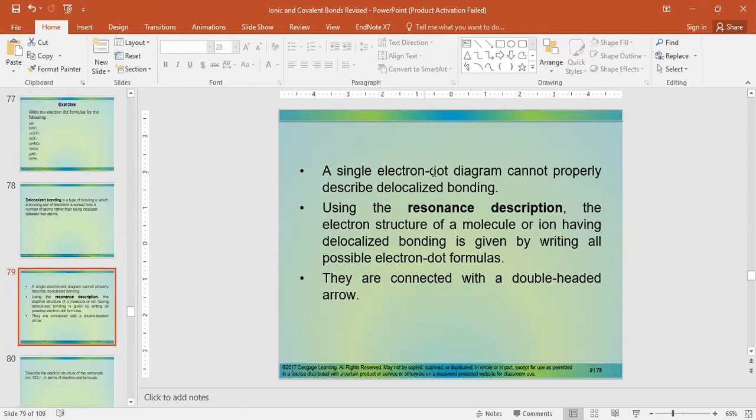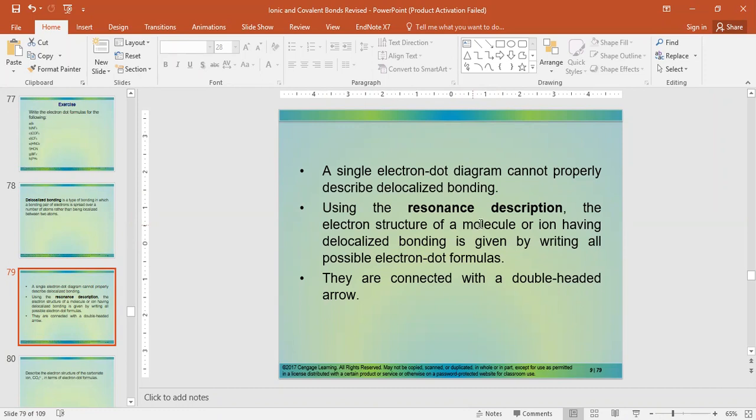A single electron dot diagram cannot properly describe such a structure that can have two different ways of doing it. But again, you realize that when you are doing that, the total number of atoms and the charges are not different.